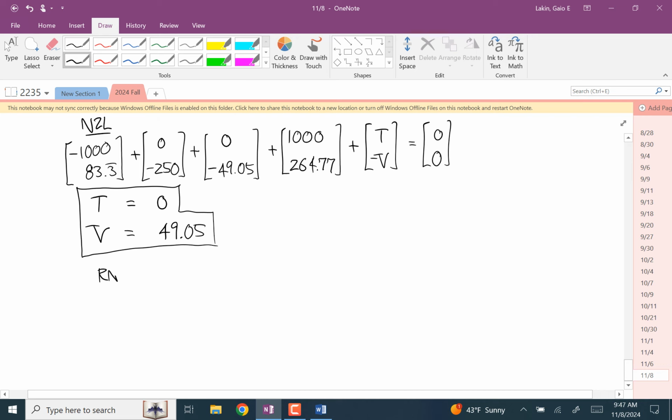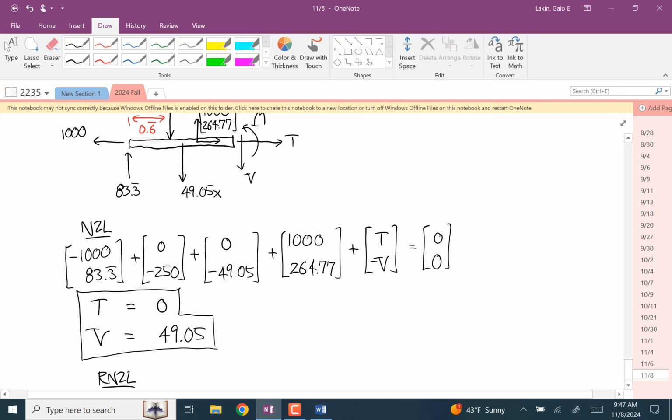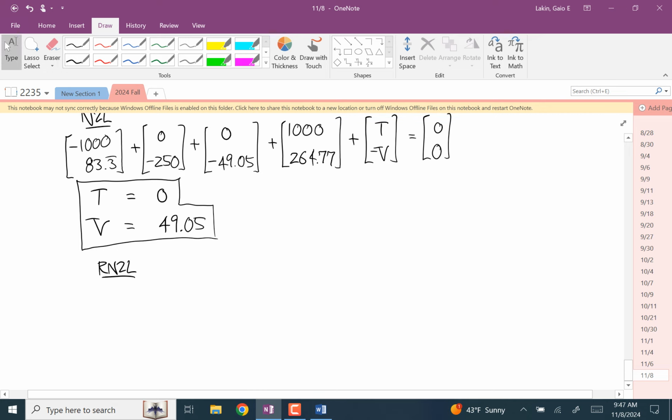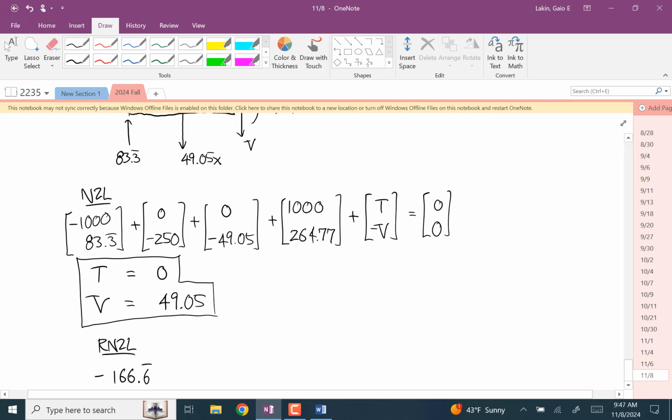And now the moment equation, the about point is over here at the left. There's no moments from the 2 at the left. The 250, is that clockwise or counterclockwise? Clockwise, and so that is negative 166.6 repeating.